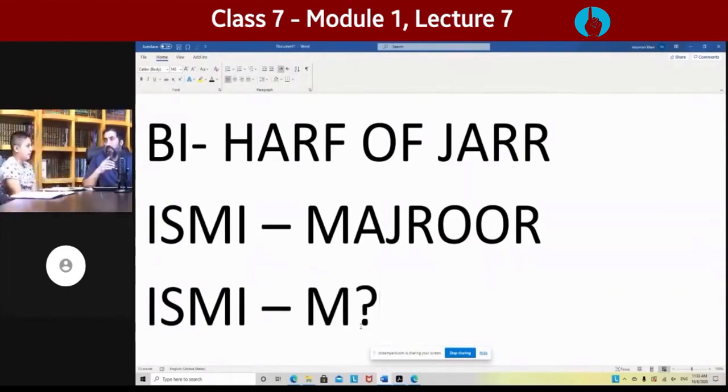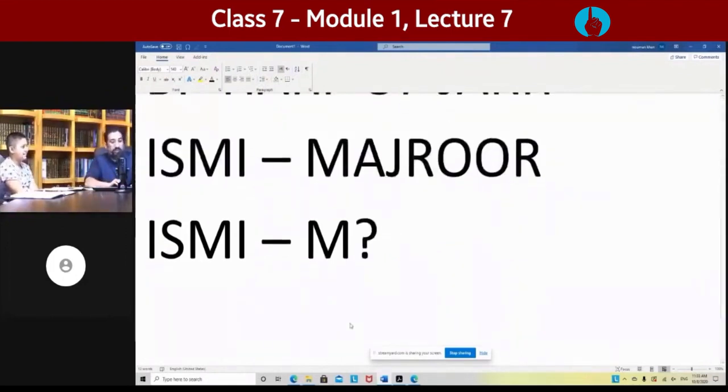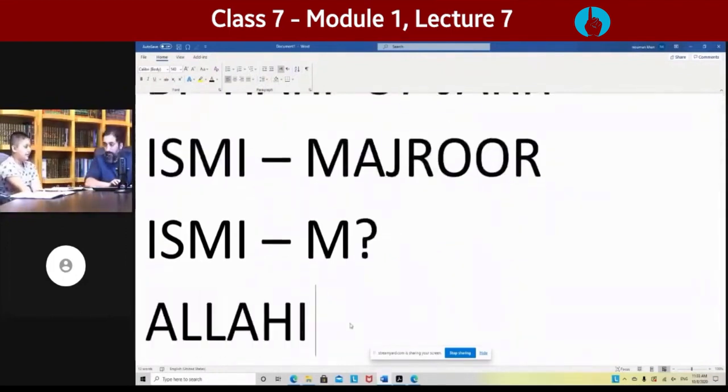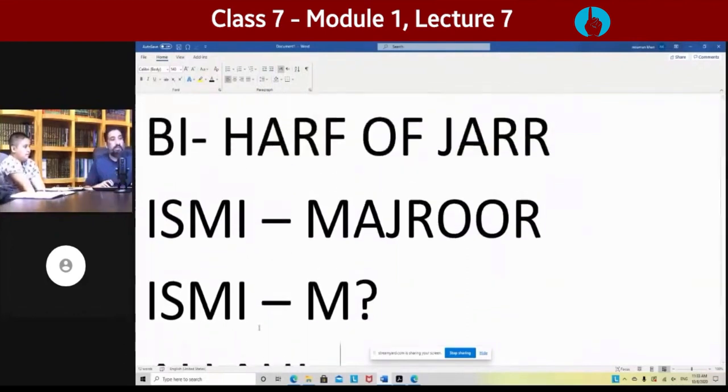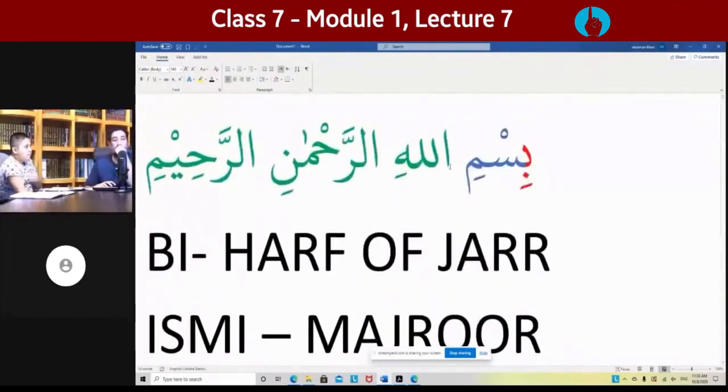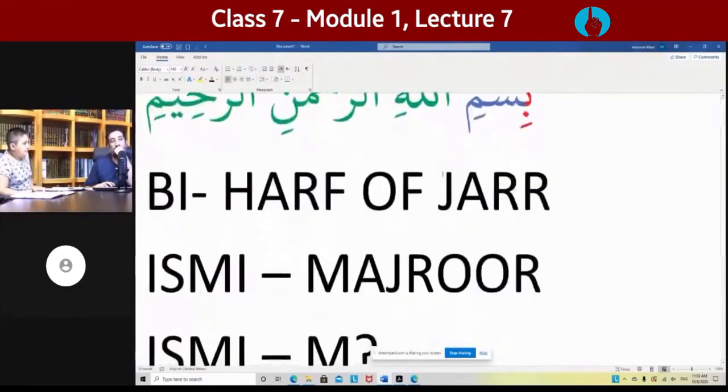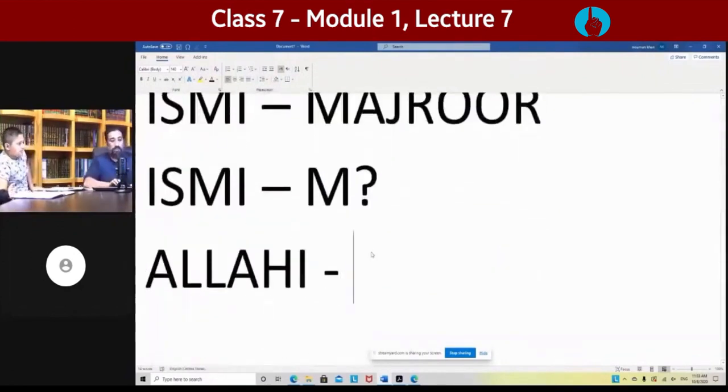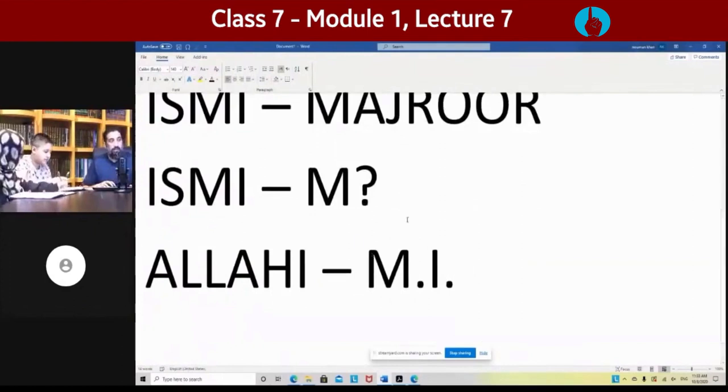I don't know yet, because you can never tell if an ismi is going to be mudaf until you find a mudaf ilayh. So the next word is the word Allahi. Is the word Allahi a mudaf ilayh? Yes, because it's jar. So I'm going to say the word Allahi is a mudaf ilayh, so I'll take the question mark off. This is mudaf.